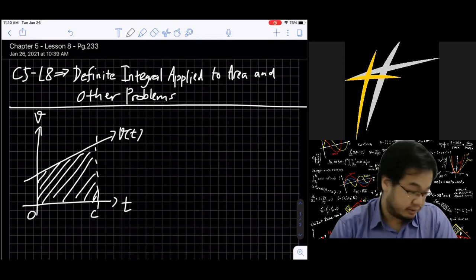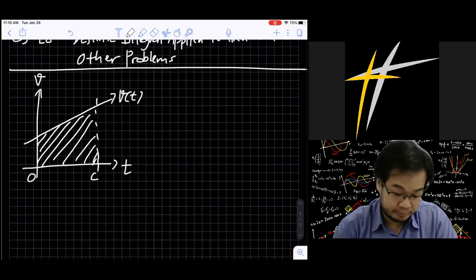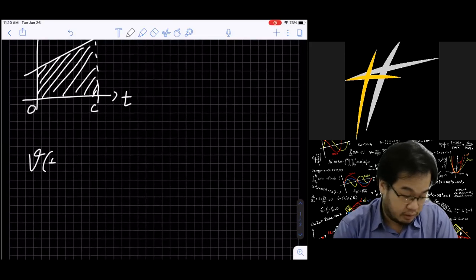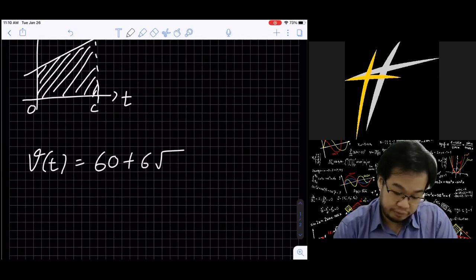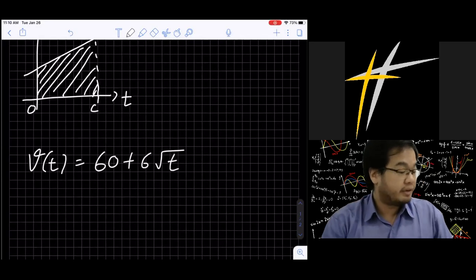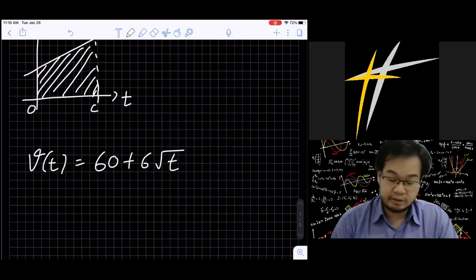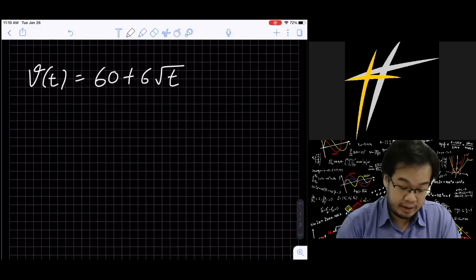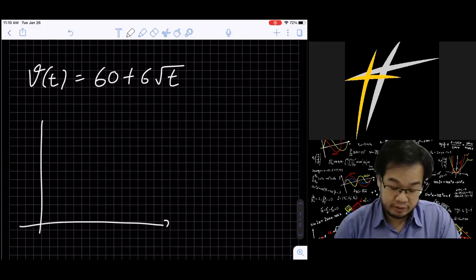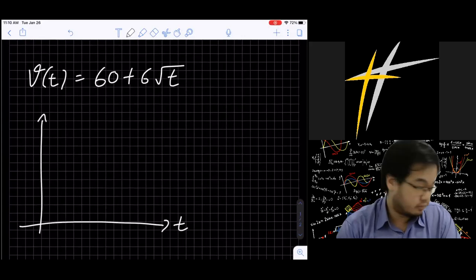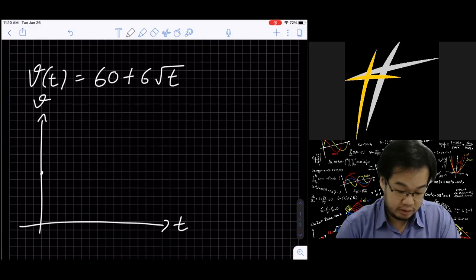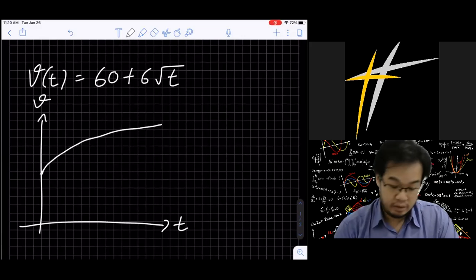But in this case, v of t is equal to 60 plus 6 square root of t, whose graph you can see in figure 5.8a on the next page. Apparently the graph is like this. It starts at 60 and then accelerates.